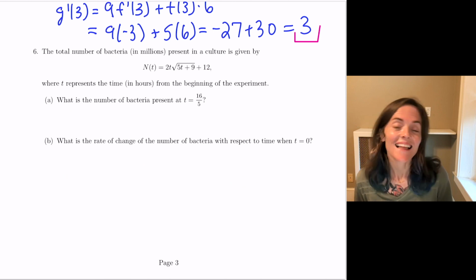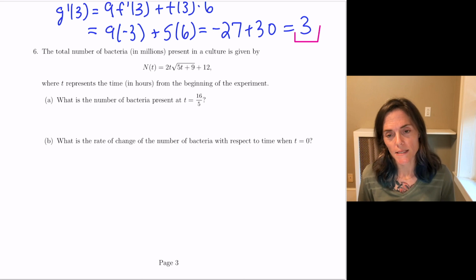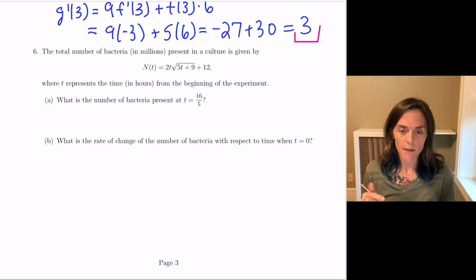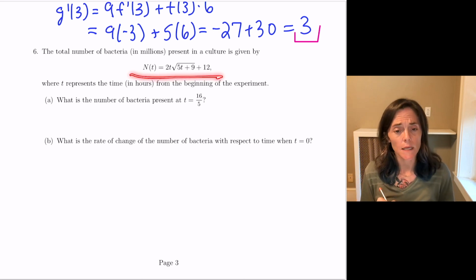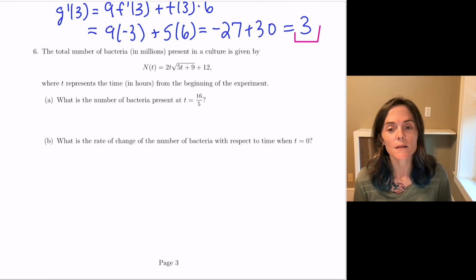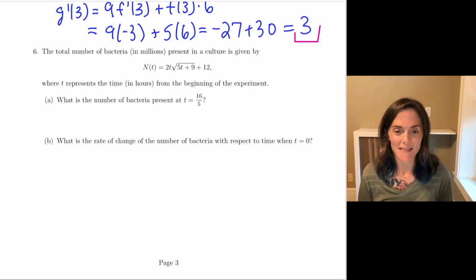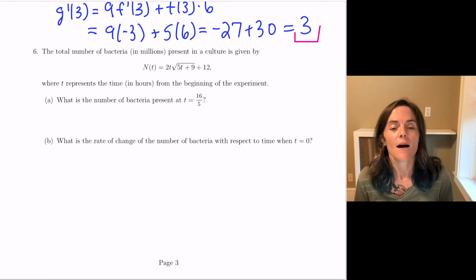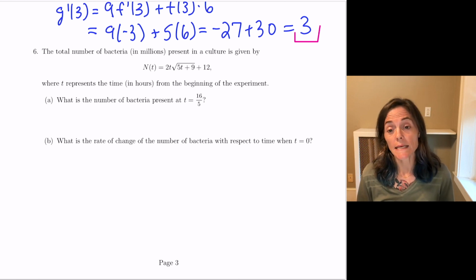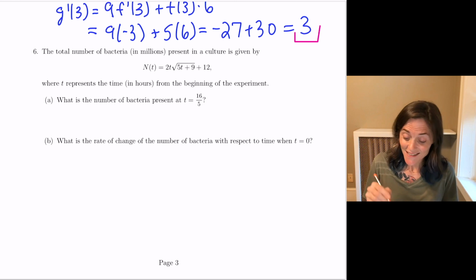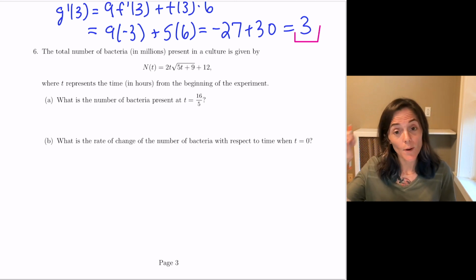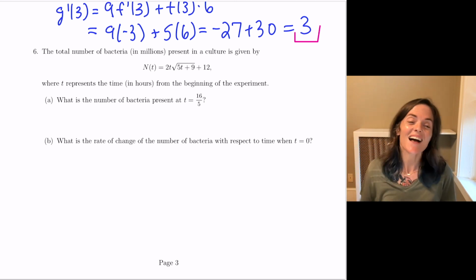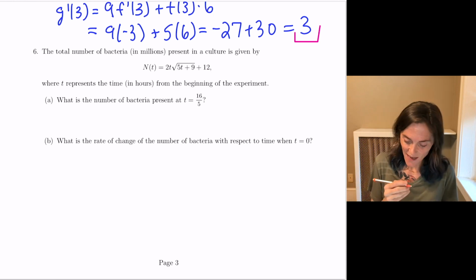Number 6. Last question. The number of bacteria in millions present in a culture is given by this function n of t. Here, t is time in hours from the beginning of our experiment. What is the number of bacteria present when t is 16 over 5? Well, this is not a derivative. The number present, we just evaluate at 16 over 5.